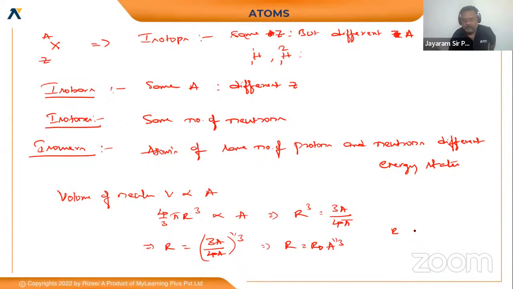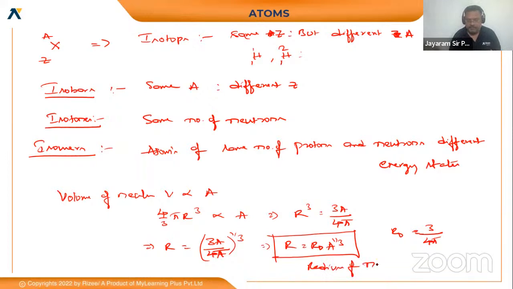This is the general formula of the radius of the nucleus, where R naught is equal to 1.1 into 10 to the power of minus 15 meters, or 1.1 Fermi.